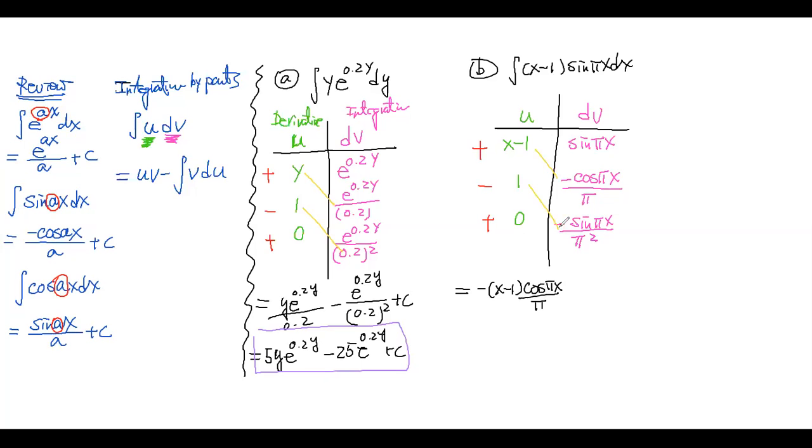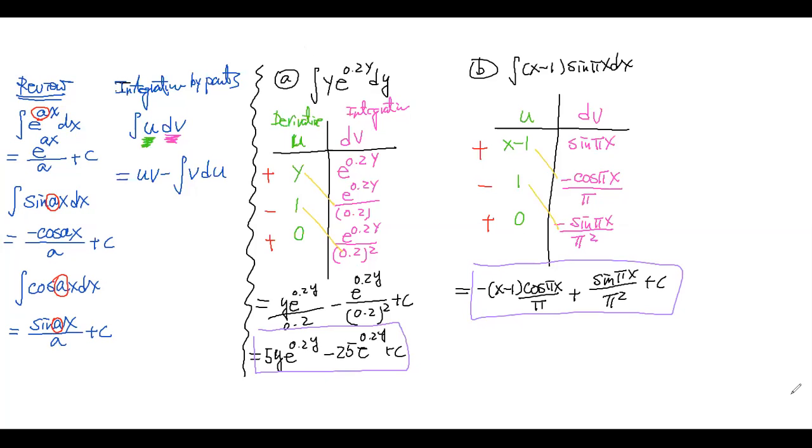Now here negative times negative is a plus, a positive. So it's plus sine pi x over pi squared. Of course, don't forget plus c. All right, so this is what we call integration by parts.